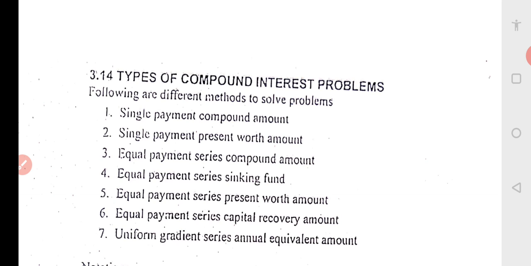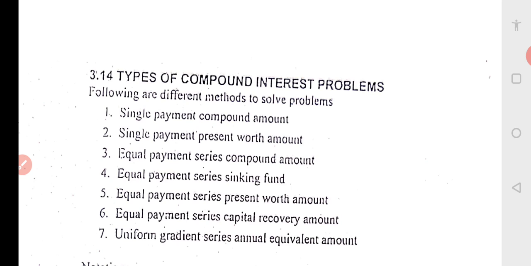The loan amount P is sanctioned now with an interest I, compounded at the end of every interest period. Here the interest is 18%, compounded annually, the total period is 6 years, and the present loan amount is 28,000.